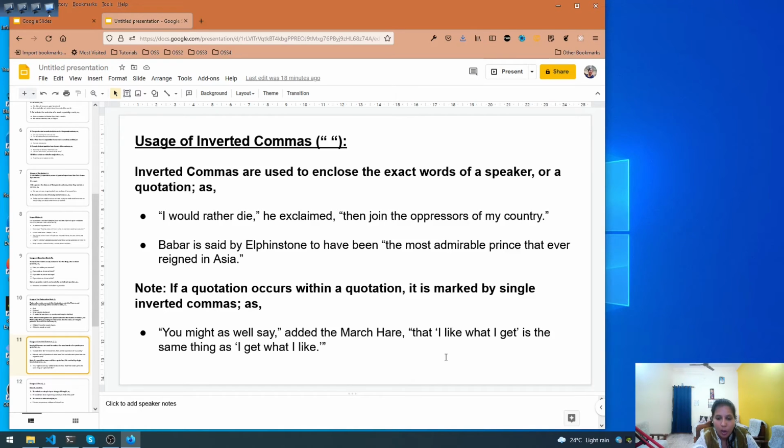Can you see how the quotation inside the other quotation is in single inverted commas? So whenever we are writing sentences, we should keep these rules in mind.